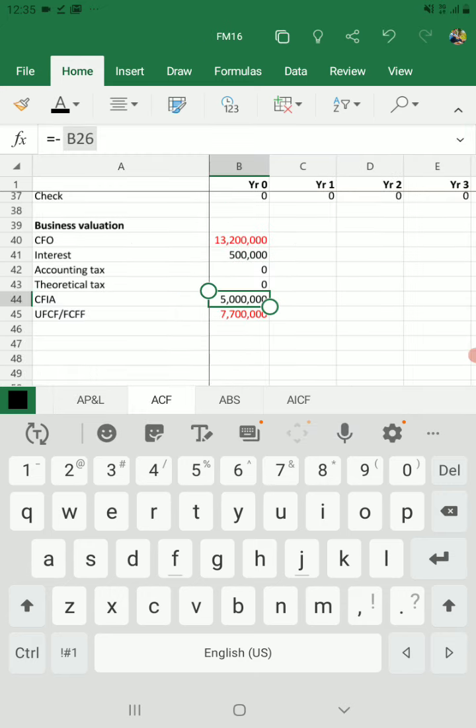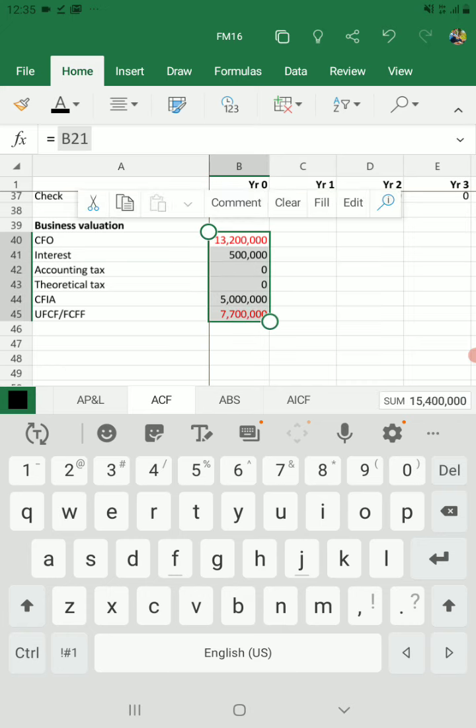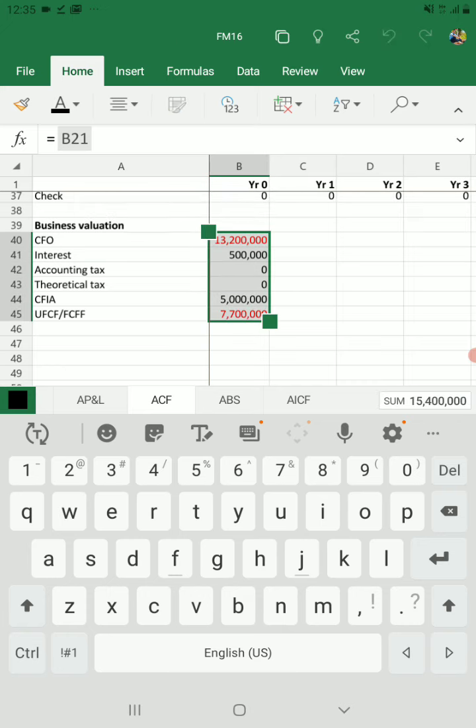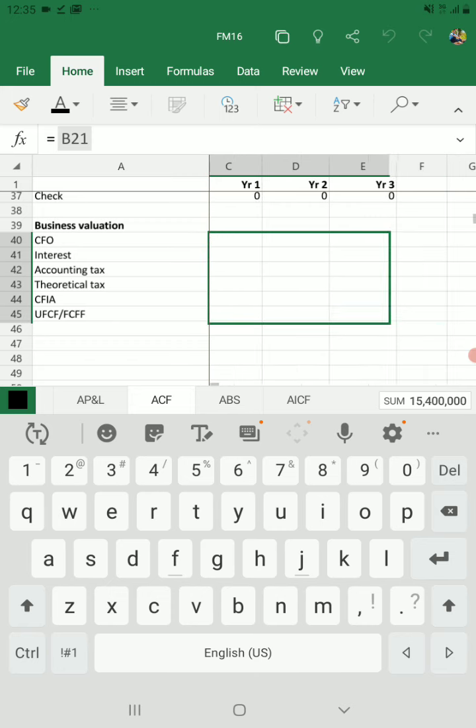So we have all these formulas here for arriving at our unlevered free cash flow. So I just select all of these and then fill to drag them throughout our projected horizon.